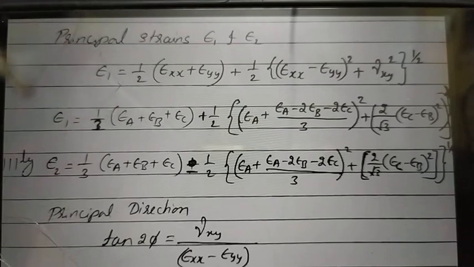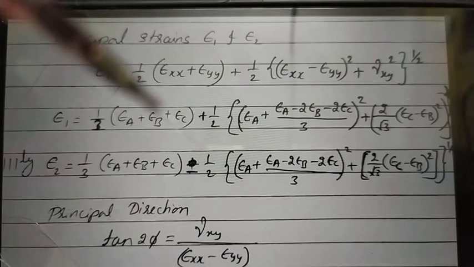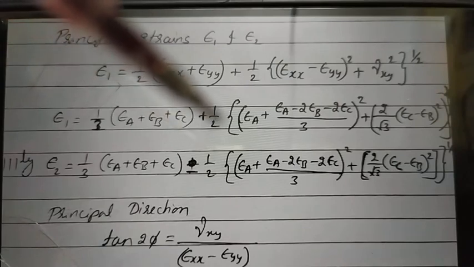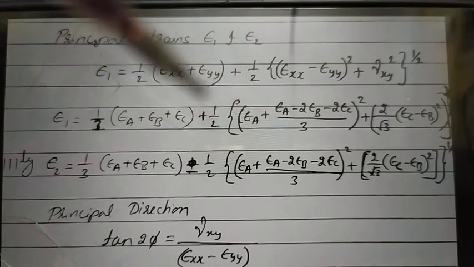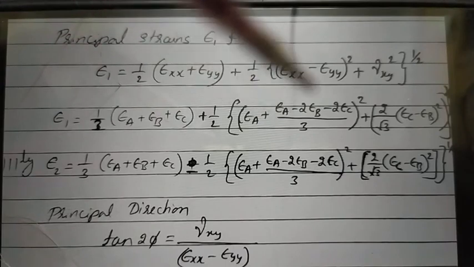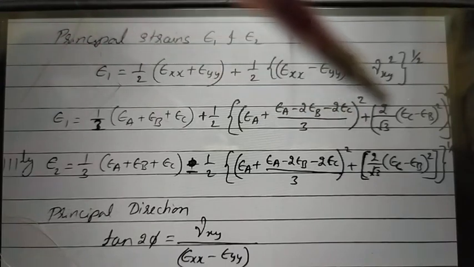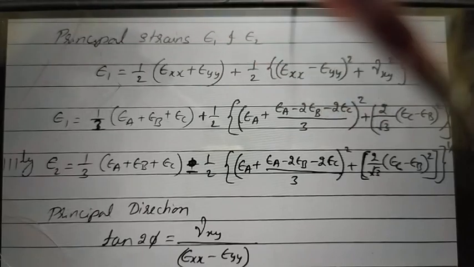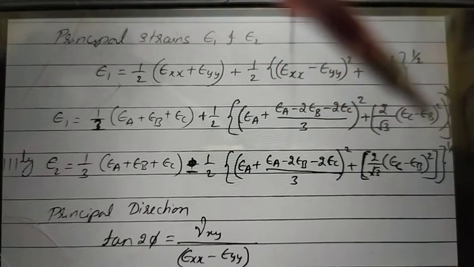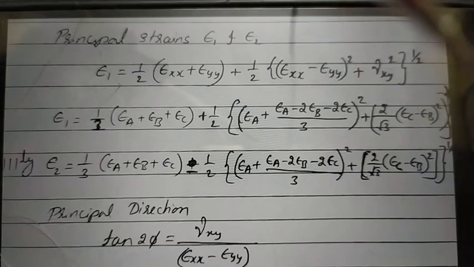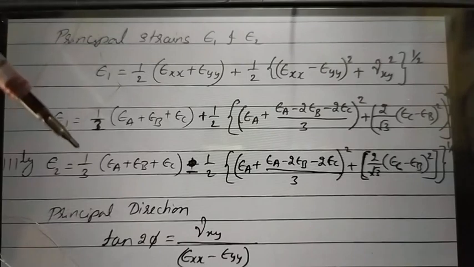So you will get the equation as epsilon 1 is equal to 1 by 3 (epsilon a plus epsilon b plus epsilon c) plus half into the root of {(epsilon a minus 2 epsilon b minus 2 epsilon c by 3) whole square plus (2 by root 3 (epsilon c minus epsilon b)) whole square}, to the power 1 by 2. The same similar expression holds for epsilon 2.